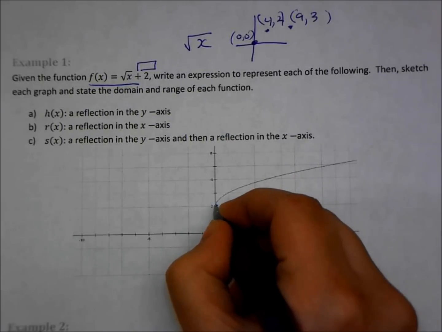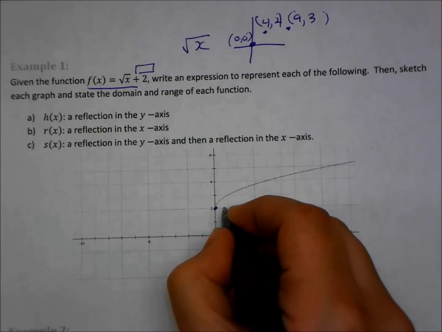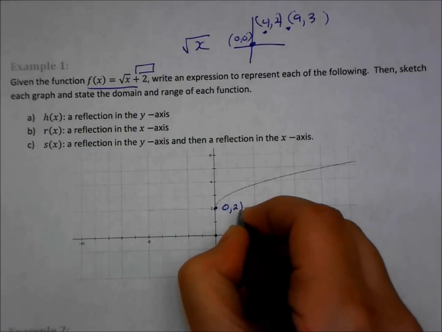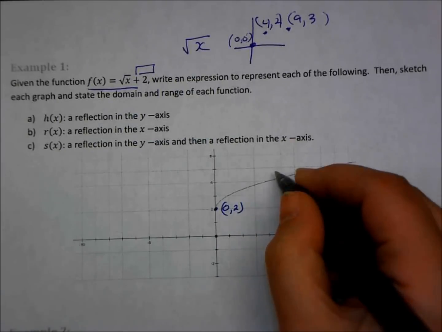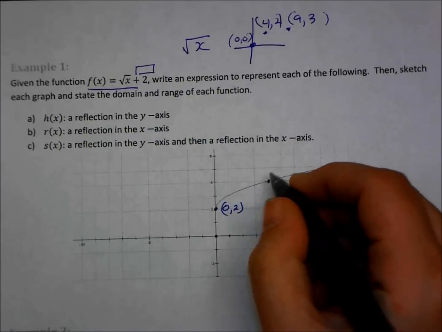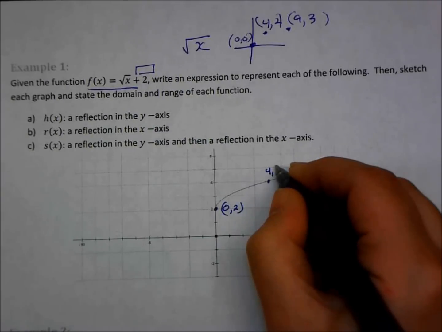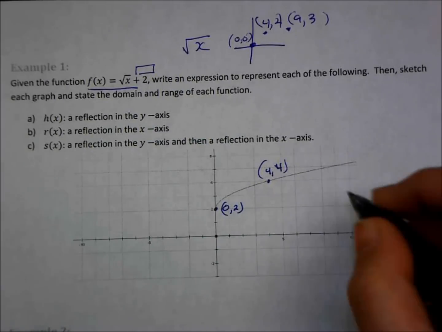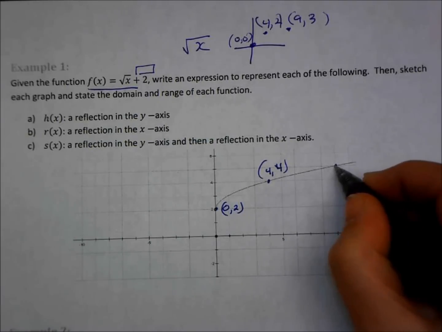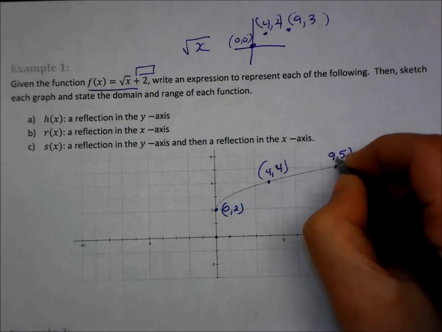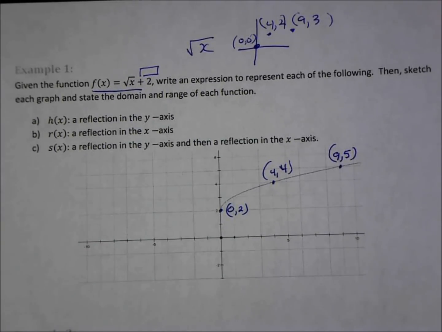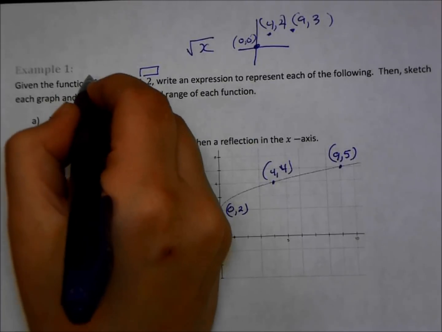So we've got one of our points as x equals 0, y equals 2. We've got one of our points as x equals 4, y equals 4. And our last point, our 9, is that x is 9 and y is 5. Alright, so this is our f(x) in purple.